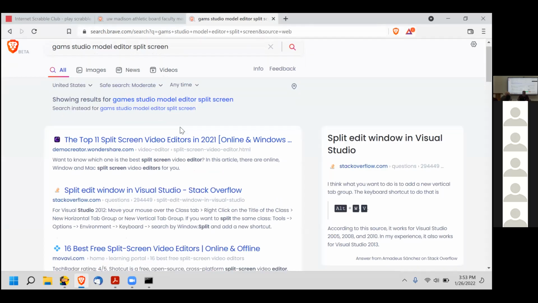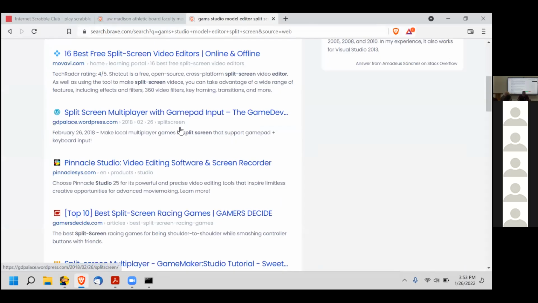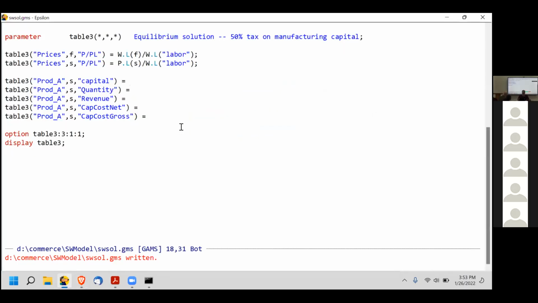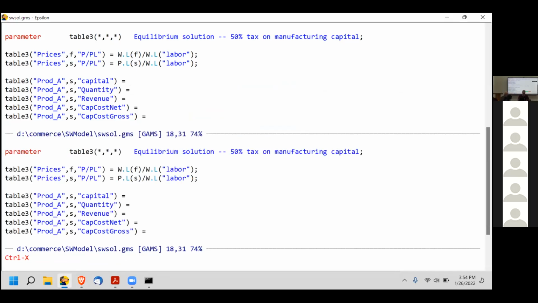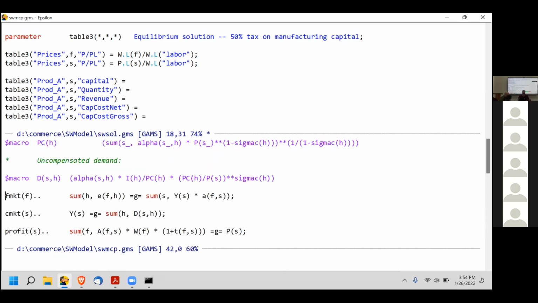In Visual Studio, you can do it. Anyway, this is why I just use one editor, because I use the same editor for everything. So there I've got a list of what I want to do. Now if I split the screen and go to SWMCP, I have the list here. I can see all the commands I have.